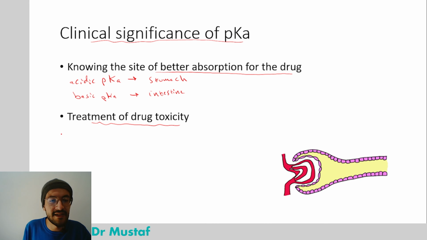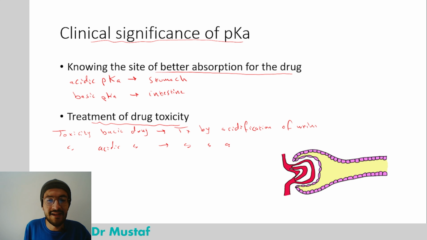Toxicity with a basic drug could be treated by acidification of urine, and toxicity with an acidic drug could be treated by alkalinization of urine.